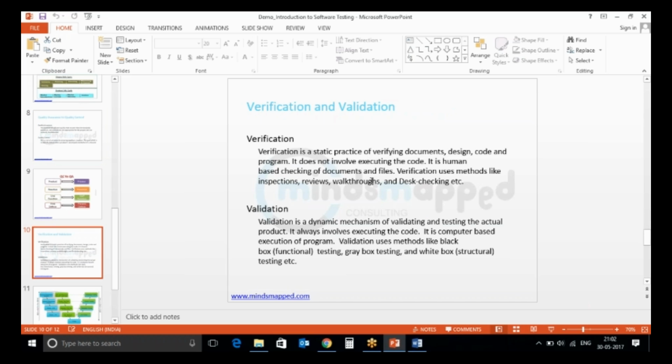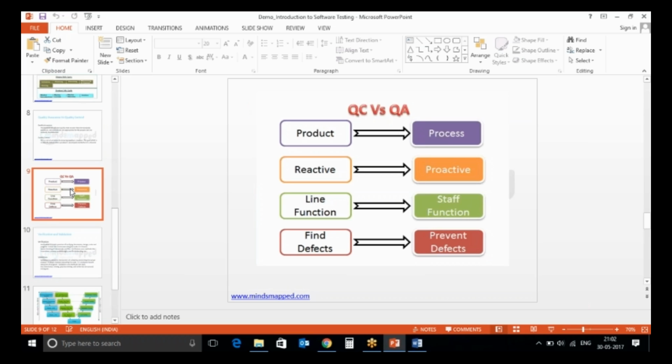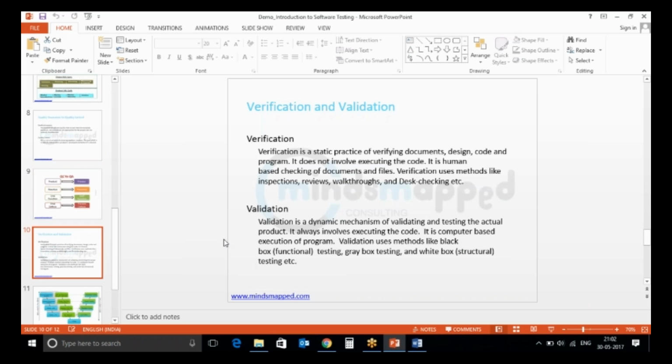Okay. So this is verification and validation. You can just read through this. Verification is a static practice of verifying documents, design, code, and program. It does not involve executing the code. It is human-based checking of documents and files.